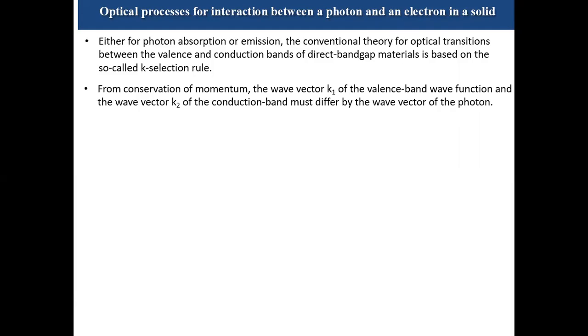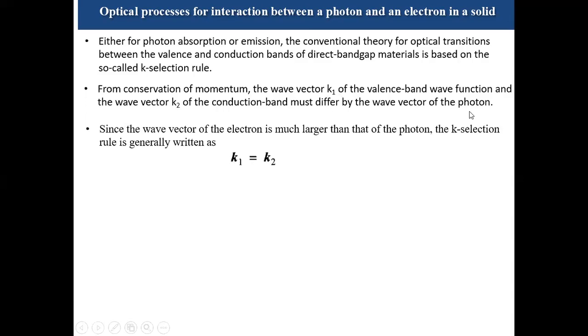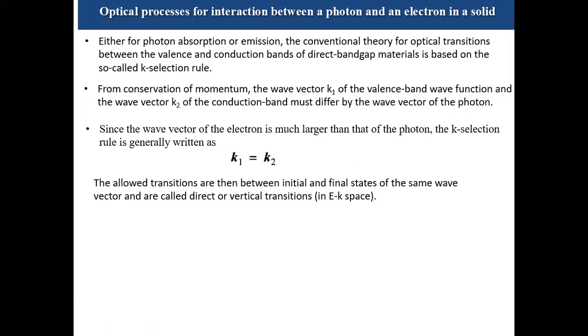So some of this I've discussed in the previous class, that for this kind of transition, we really need to take care of the conservation of momentum. So the wave vector k1 of a valence band wave function and the wave vector k2 of the conduction band must differ by the wave vector of the photon. Since the wave vector of the electron is much larger than that of the photon, the k selection rule is generally written as k1 equal to k2.